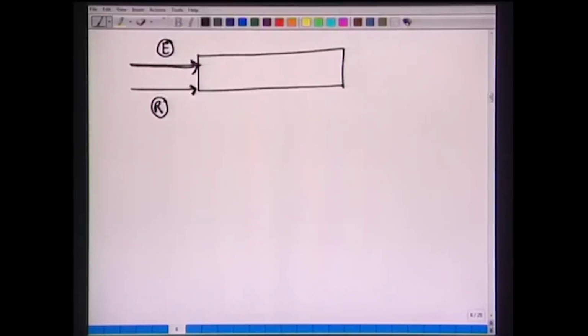So the gas phase is brought in contact with the liquid phase, and this contact is co-current because they are in the same direction. And we have the exit streams E and R. This end we mark as 1, and this end is marked as 2. So we have co-current flow.